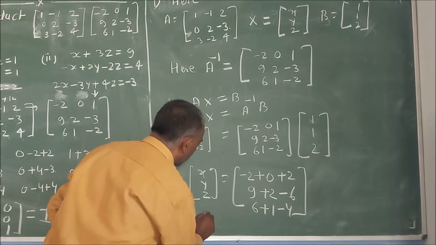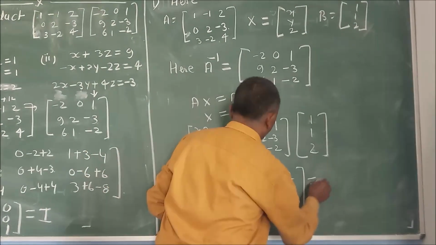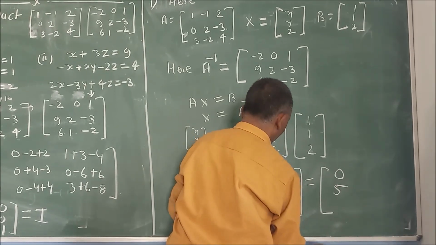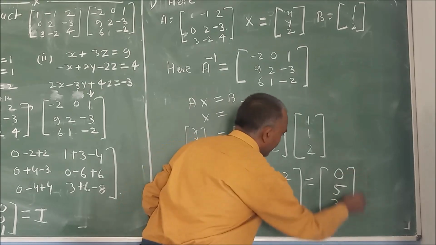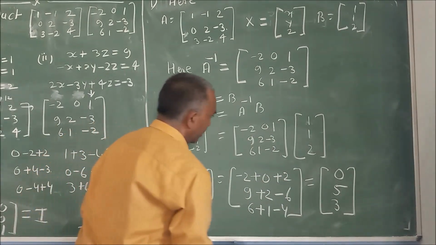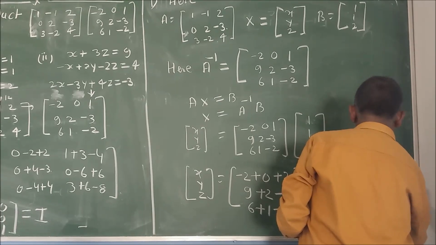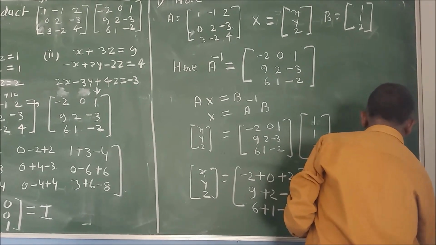So this will be equal to 0, 5, say 6 plus 1 7 minus 4 3. So we have got x is equal to 0, y is equal to 5, and z is equal to 3.